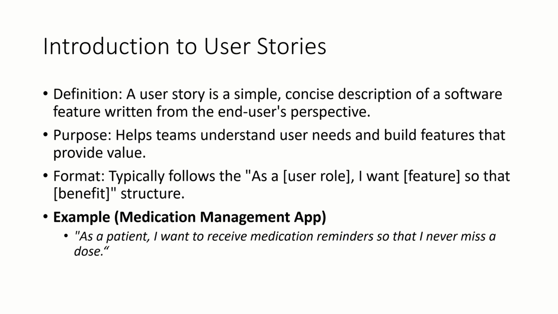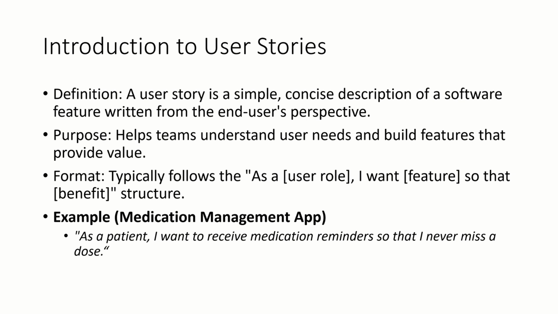Okay, so normally the format would be: as a user role. What kind of user? It could be a patient, it could be a parent, it could be a fitness user.